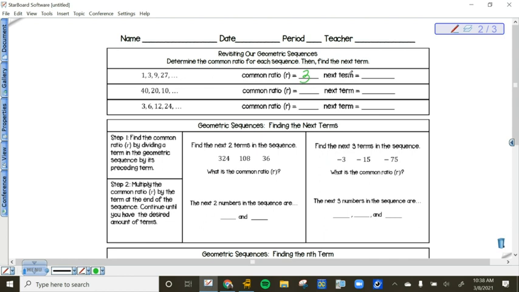Yes, but what's the next term in this first sequence? 81. Okay, and now, yeah, so what Ian said for this next one, the common ratio is 1/2, because we're dividing by 2. That's the same thing as multiplying by 1/2. And what would my next term be?